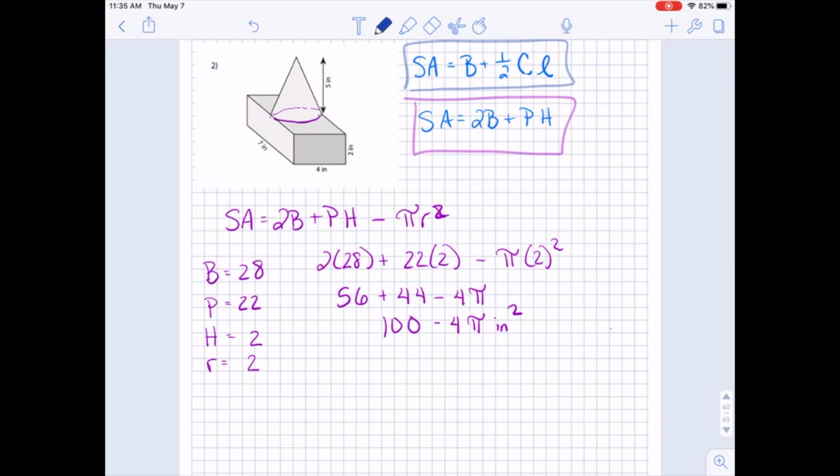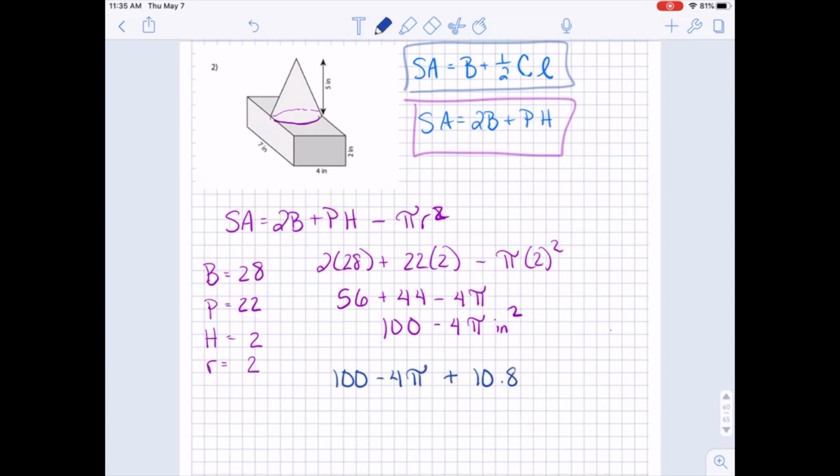So I have the surface area of the rectangular prism, and I'm going to add the surface area of the cone. Together, that would be 100 plus 6.8 pi inches squared.